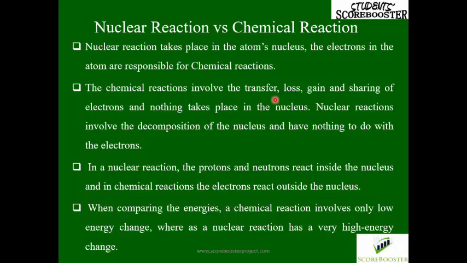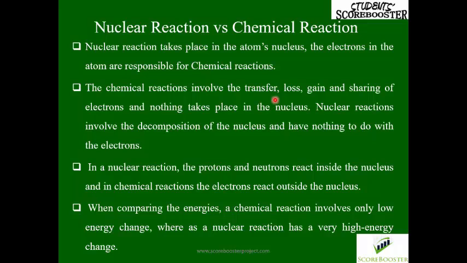But in nuclear reaction, since it is taking place in the nucleus, the issue of outermost electrons does not arise. So the decomposition of the nucleus is what is responsible for nuclear reaction, whereas transfer, loss, gain, or sharing of electrons are the factors that affect chemical reactions.